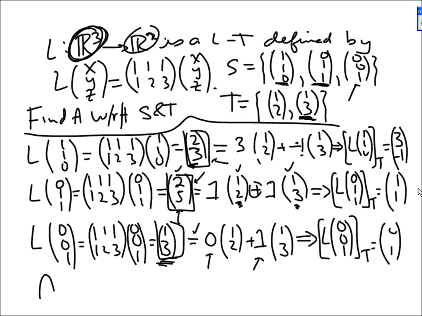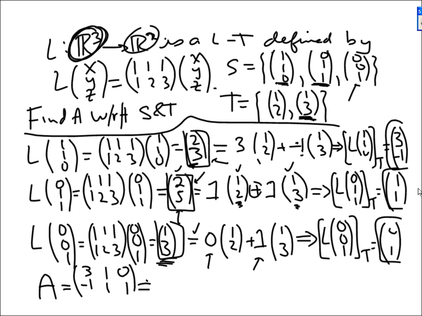And our matrix A is just those vectors we found. 3, negative 1, this vector here, and then 1, 1, and then vector 0, 1.